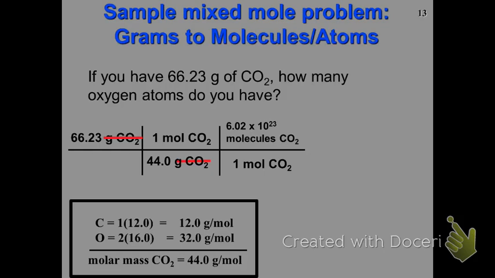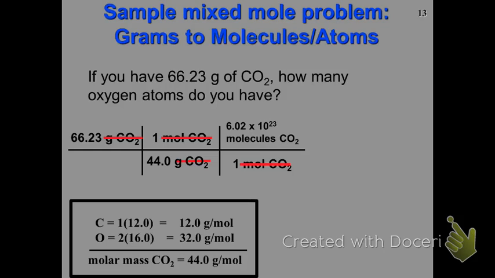And it looks to me like I can cancel these units. And so now if I take Avogadro's number, multiply it by 66.23 and divide by 44, I would now have molecules of CO2. So if I'd asked for how many molecules of CO2, you could stop right here and you would be done with this problem.